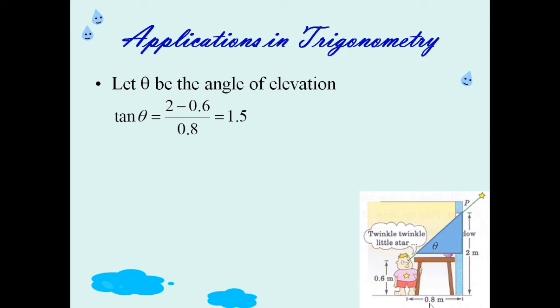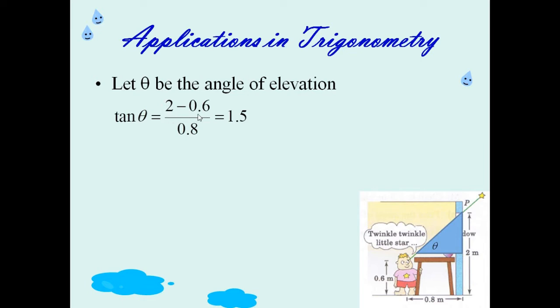It is 0.8, which is equal to the distance between the person and the window, and it is the adjacent side with respect to theta. But the opposite side of this right angle triangle with respect to theta is the length of P to the window here. So this distance is just equal to 2 meter minus 0.6 meter.